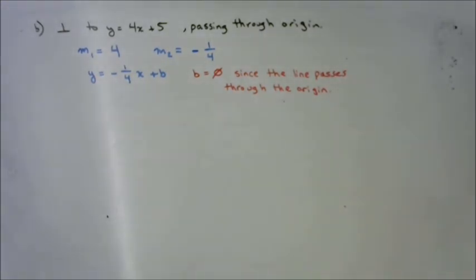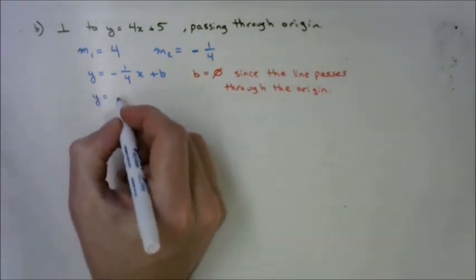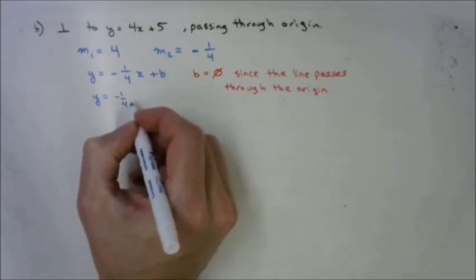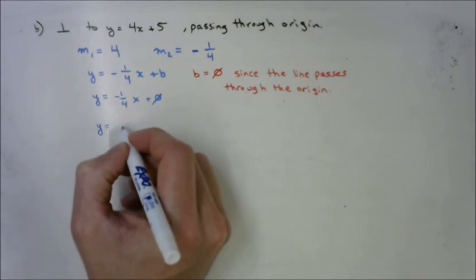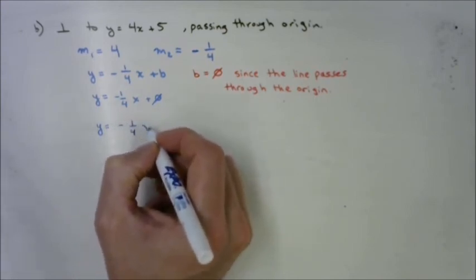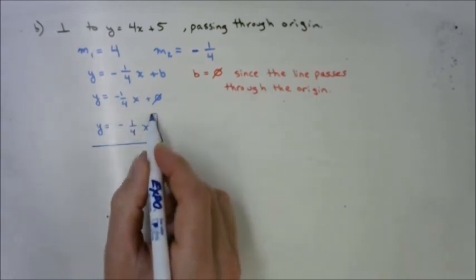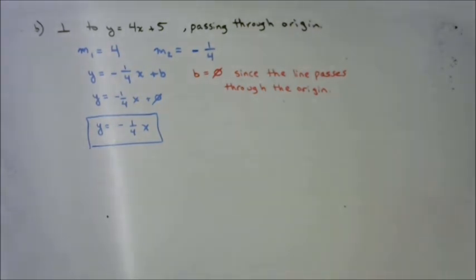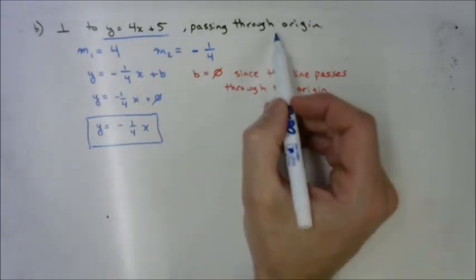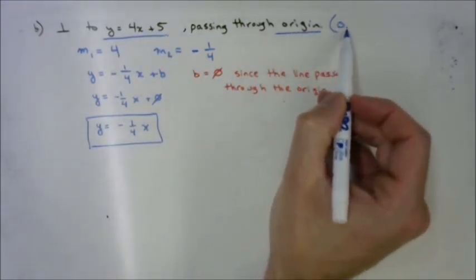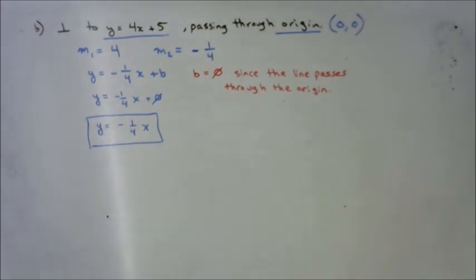So, sub in b equals 0. y equals negative 1/4 x plus 0 reduces to y equals negative 1/4 x. This is the equation of a line that is perpendicular to this line and passes through 0, 0. So that's the only line in the whole world that does that.